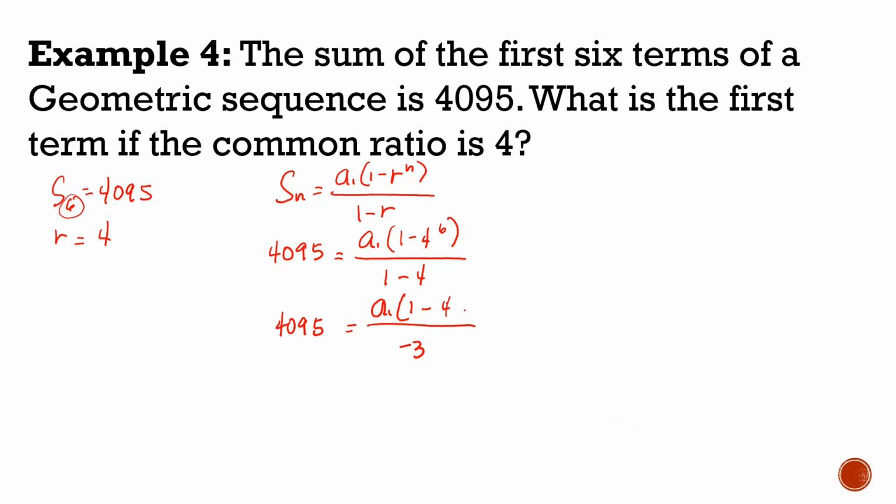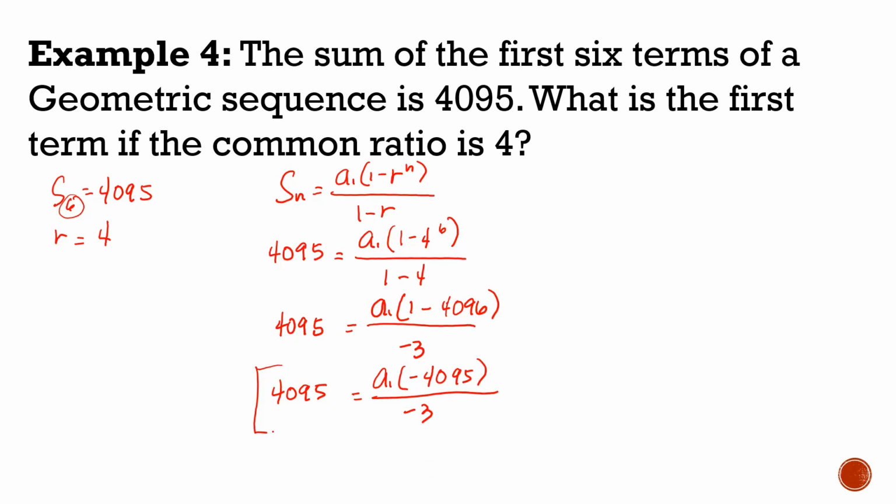So here we can subtract the 1, so that's 4,096 minus 1. So this is a1 times negative 4,095 over negative 3.